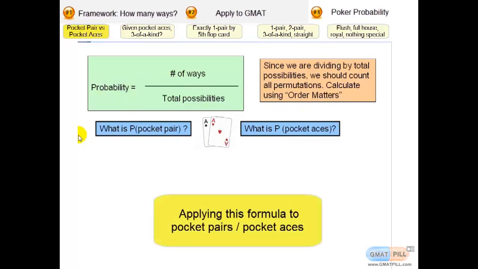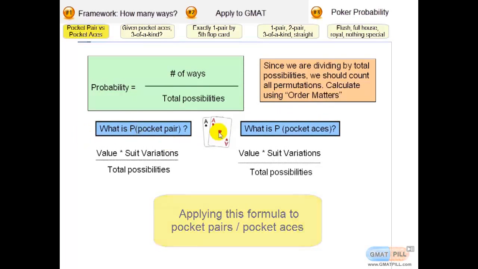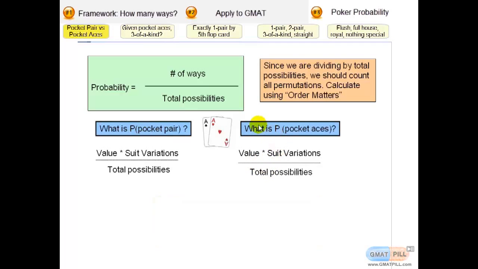So, probability of pocket pair. Well, in both cases, when you're playing poker, you're going to have one value, ace to king: ace, 2, 3, 4, all the way to 10 and then on to king. So that's the value we're talking about. Then you're going to have the suit variation. For each of these values, you're going to have spade, diamonds, hearts, and clubs.